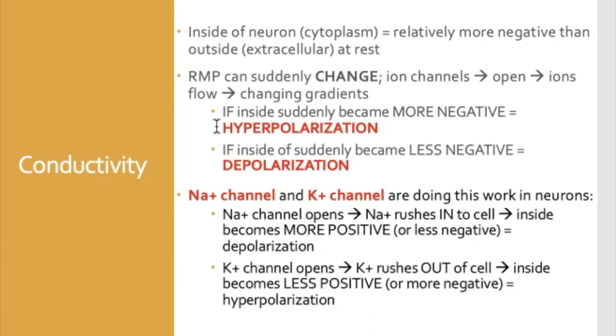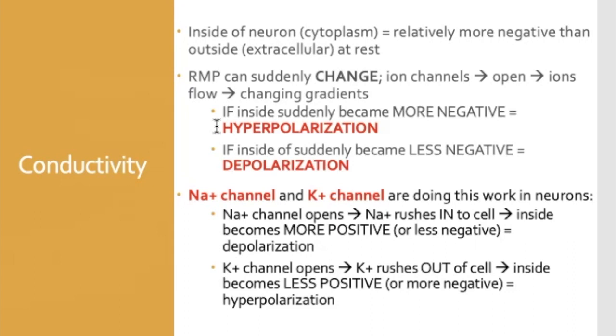Remember, sodium is normally higher outside of the neuron than inside, and potassium is the opposite. Potassium is normally higher inside the neuron than outside. So, when sodium channels open, sodium rushes in to the neuron. When potassium channels open, potassium rushes out of the neuron.